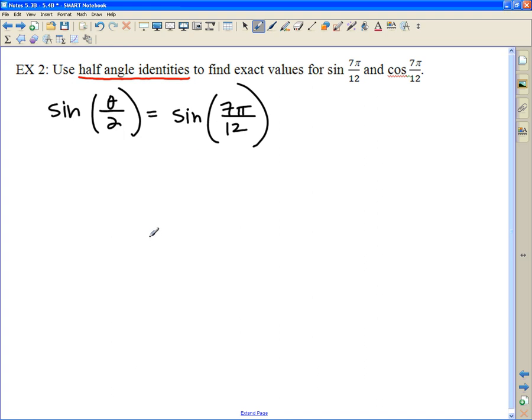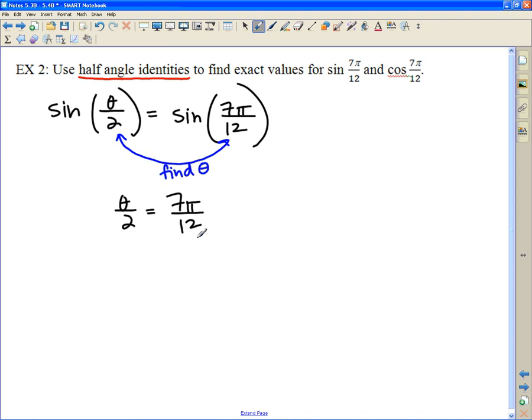Well, if you recall that when you are working with sine of theta divided by 2, you're going to have to know what theta equals. So I hope you are seeing these two things as equivalent, and your job is to find theta. So theta over 2 is equal to 7 pi over 12. Now, how are we going to solve for theta? This is a proportion.